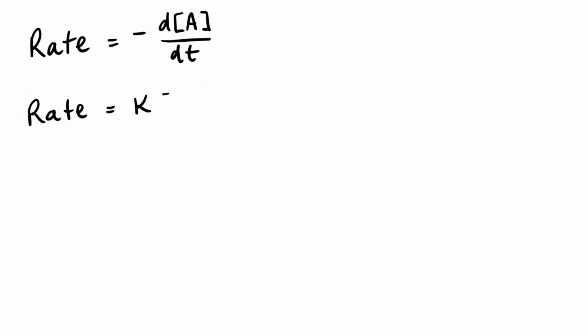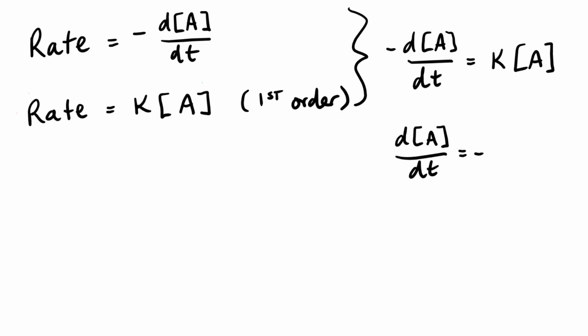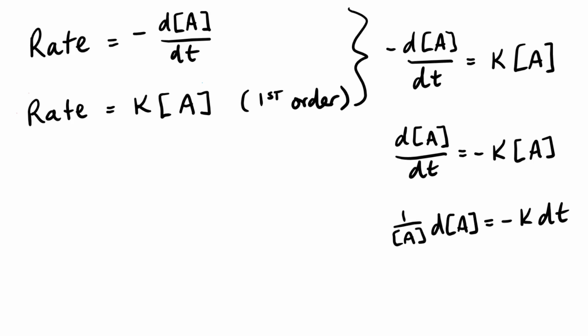If we start from what we know, that the reaction rate is equal to the negative change in the concentration of A per unit time, and the rate is also equal to some proportionality constant k times the concentration A, then we can rewrite that to put everything about the amount on one side and time on the other. This sets us up to do mathematically what we're not able to do practically. The theory lets us find out how much reactant is used for each minuscule step forward in time.